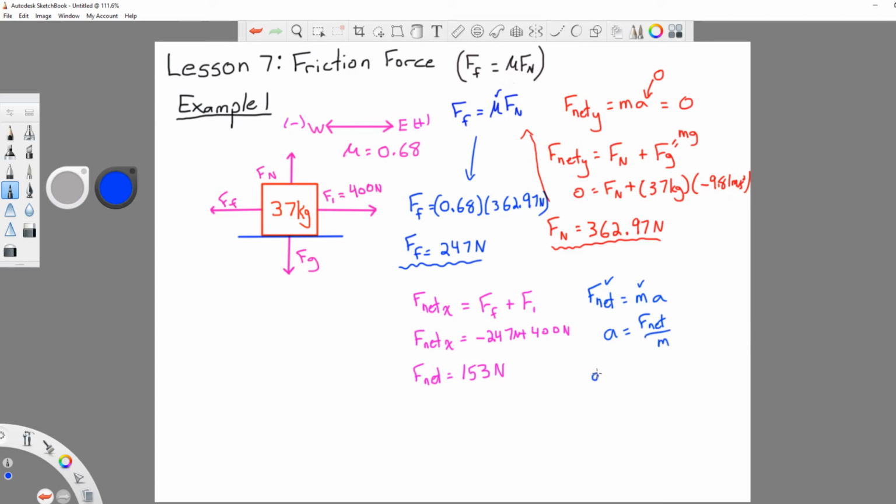Well, we can say that acceleration is equal to 247 newtons over our mass, which is 37 kilograms, leaving us with a final acceleration value of 4.1 meters per second squared. And that is the beginning of friction in a nutshell.